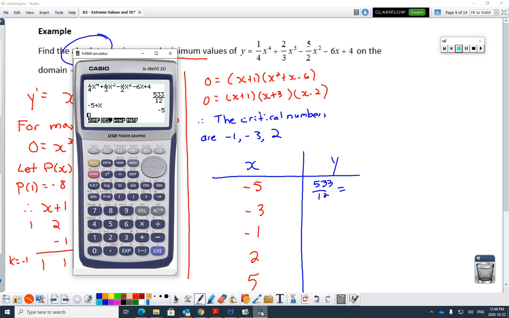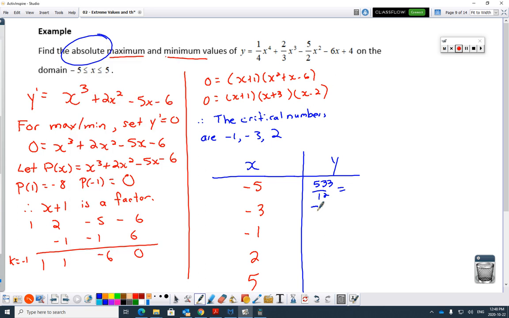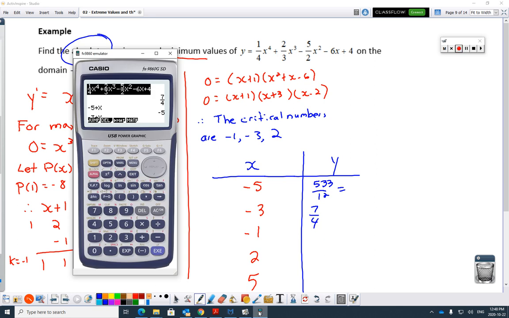Geez, is it going to let me convert it now? No, it's not going to. So I'll get that as a decimal in a minute. And then you go -3 in for x. Go back up, yes? Hit it again. What did I get? 7/4? Go down.